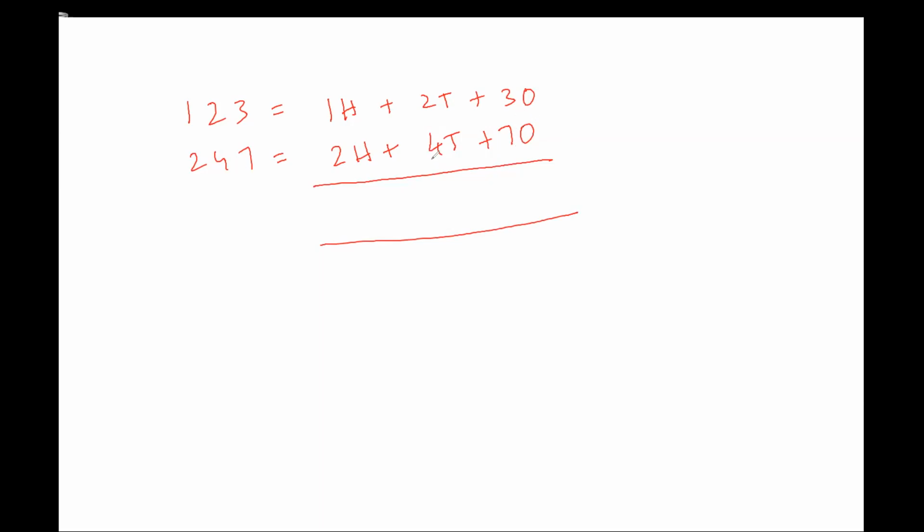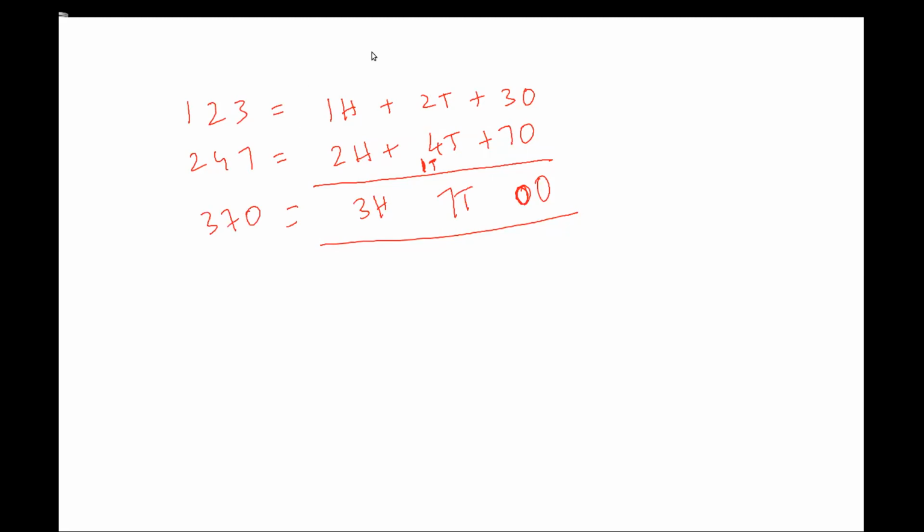You write 0 ones here, and carry the 1 ten. Then 2 tens and 4 tens is 6 tens, and 1 ten more makes 7 tens. And 200 plus 100 is 300. So the result is 370. Are you all with me here? Doing good? It's very simple.